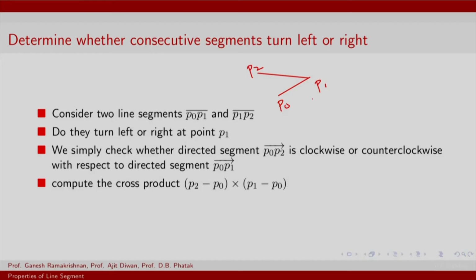Do they turn left or right at point P1? Now it is similar to the previous question of whether P2 turns clockwise or counterclockwise from P0 with respect to P1.